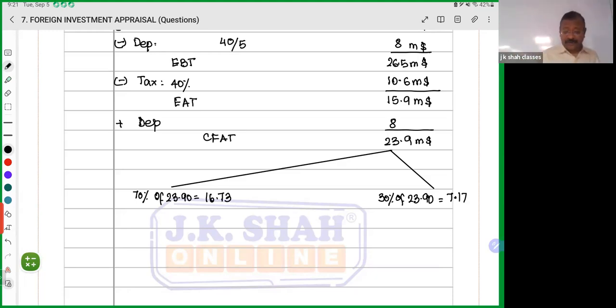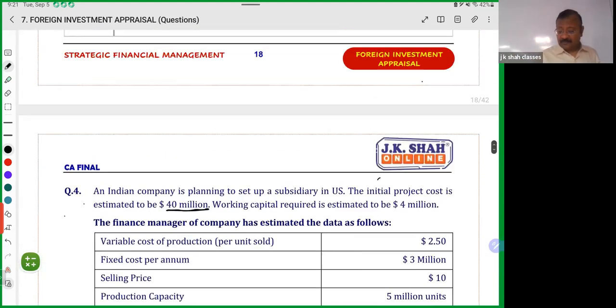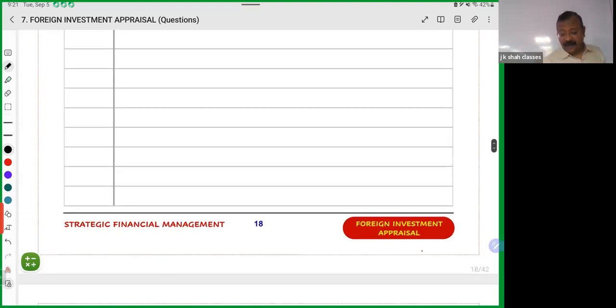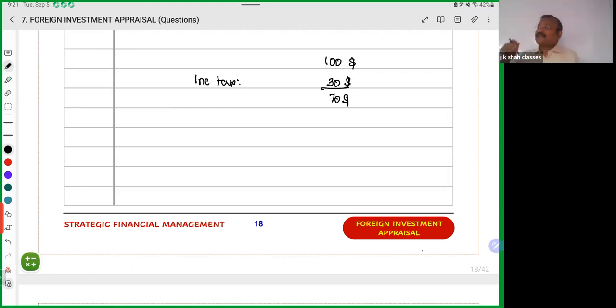So, for example, if there is a company which is earning $100 in the US, and the income tax in the US is 30%, it is left with $70. Now, as long as the company keeps that $70 in the US only, nothing is going to happen.